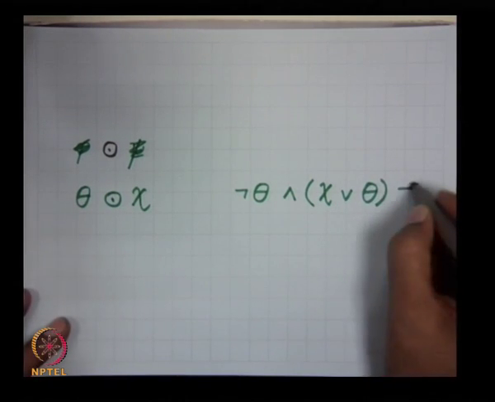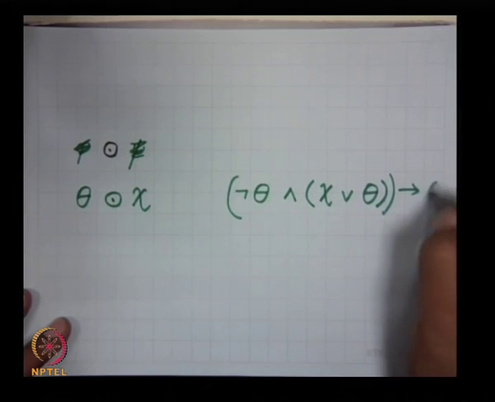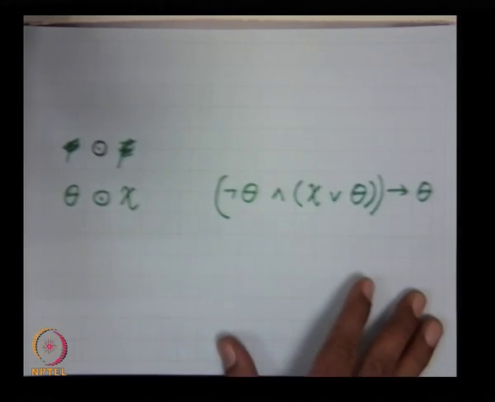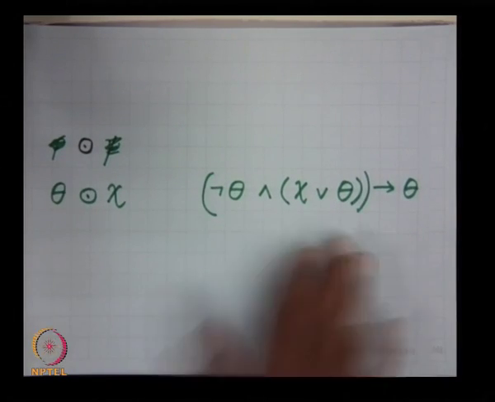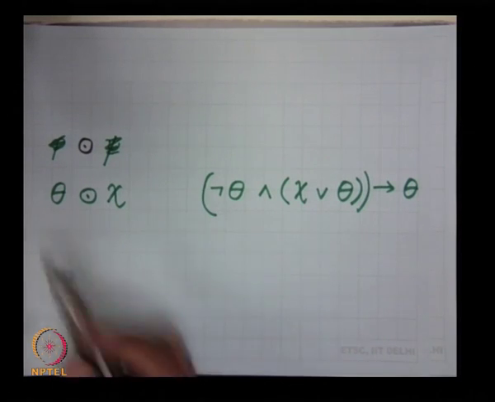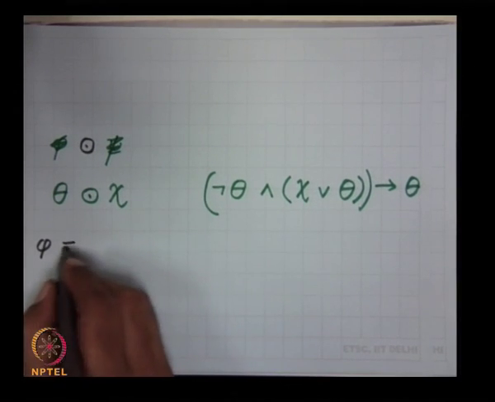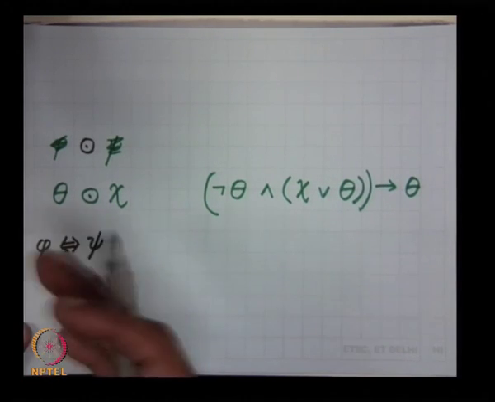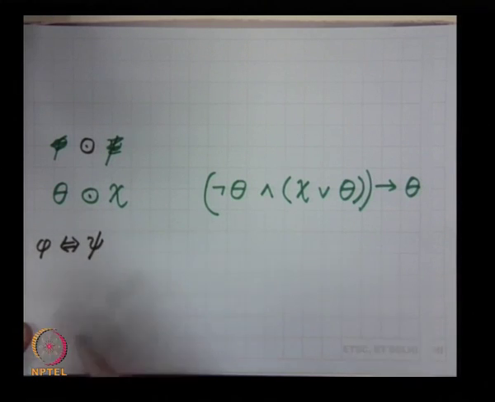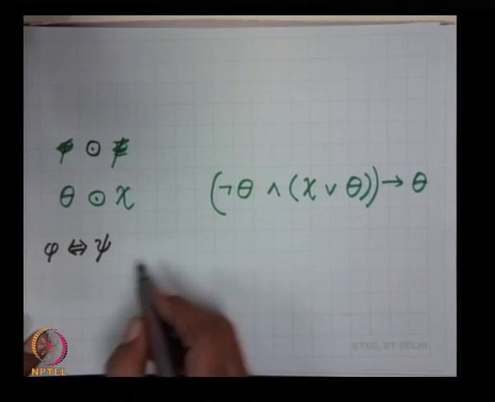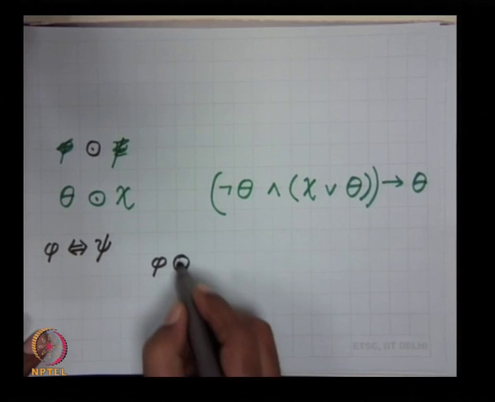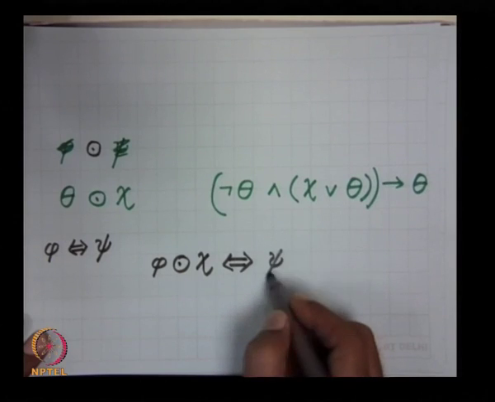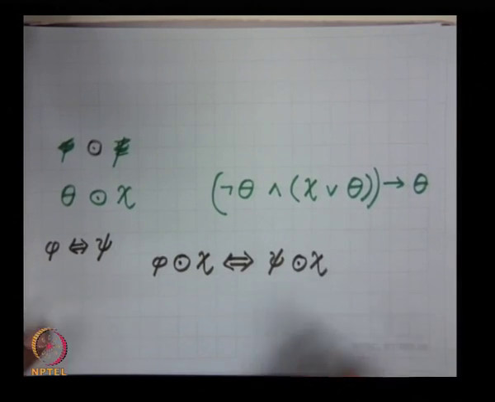I can even go further than this. What we are saying therefore is that you take any of these operators, then if phi is logically equivalent to psi, then I can replace wherever phi occurs. So, for example, in this context, phi O dot chi is going to be logically equivalent to psi O dot chi, right?